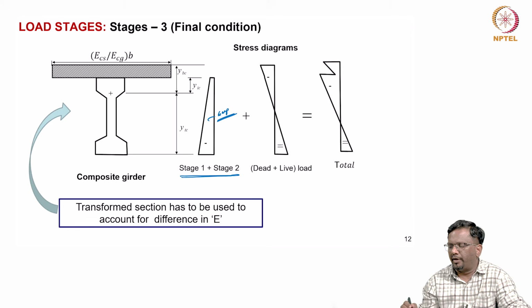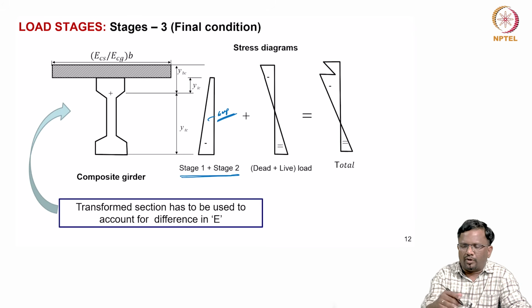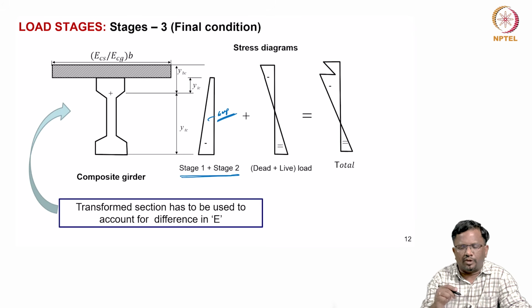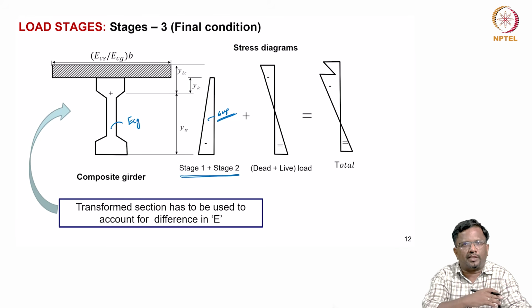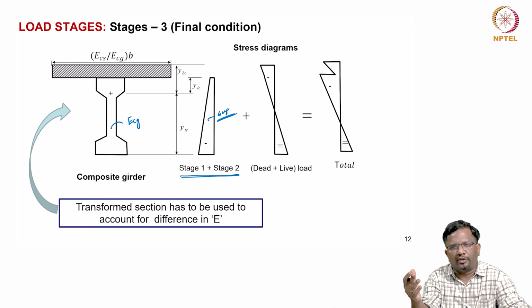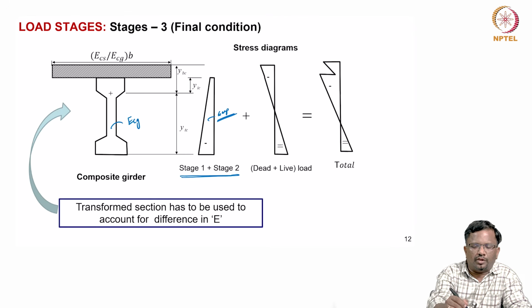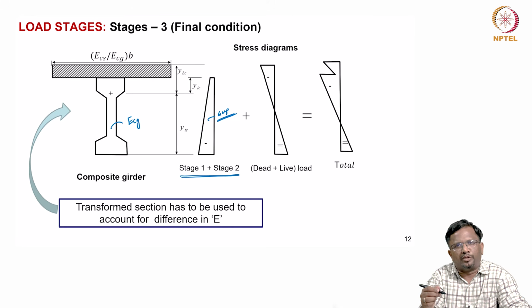Now, the composite action has been achieved, but this will have one elastic modulus because this was already cast in the factory and you brought it. So, the age of that concrete is going to be much higher. The slab that you poured as a cast in place slab will be younger than the precast girder. Typically, the deck slab will have lower strength of concrete, sometimes it can be the same strength also.